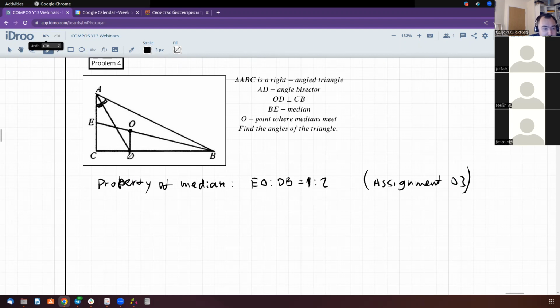Good. Now, OD is perpendicular, so OD is parallel to EC. That means triangle BCE is similar to triangle BDO.